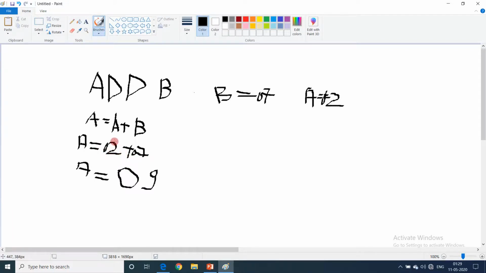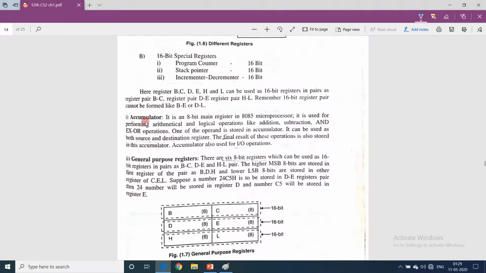One of the operands will be stored in the accumulator. So the function of the accumulator is to store one of the operands, and after performing the arithmetic and logical operations, the result is stored in the accumulator itself. Accumulator is of 8 bit. You have to remember this. It is an 8 bit main register in the 8085 microprocessor.